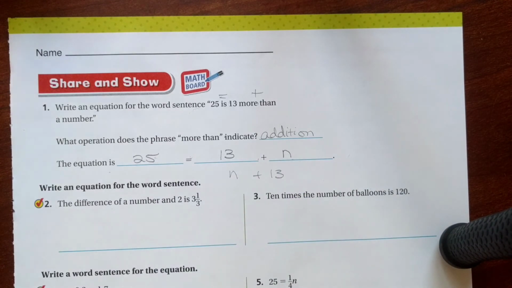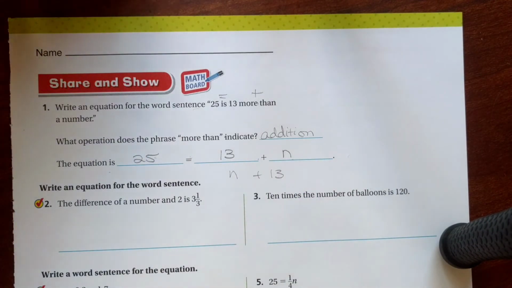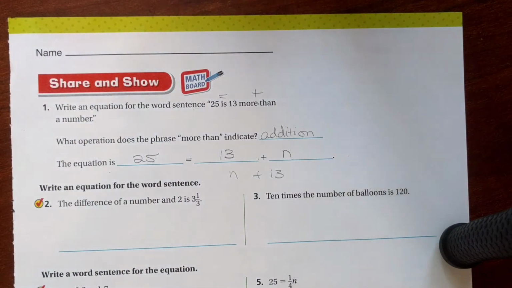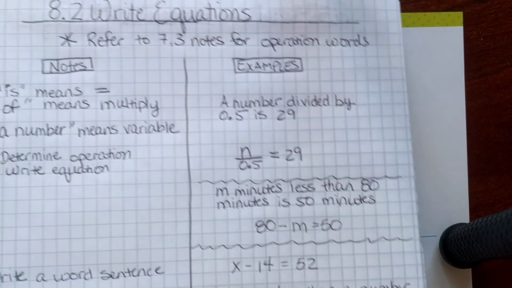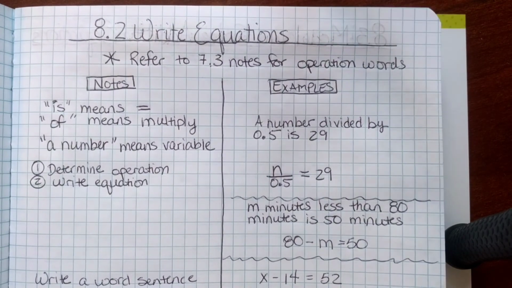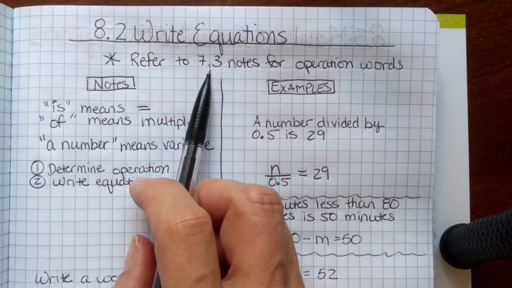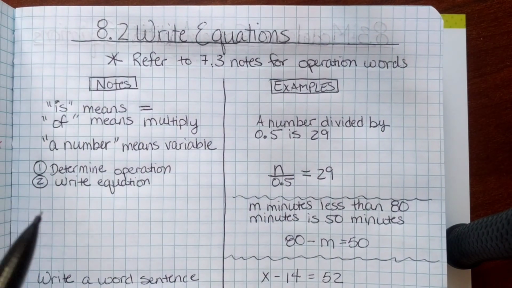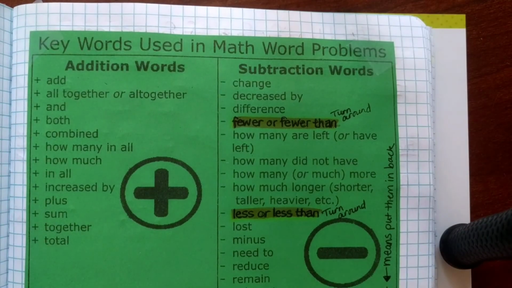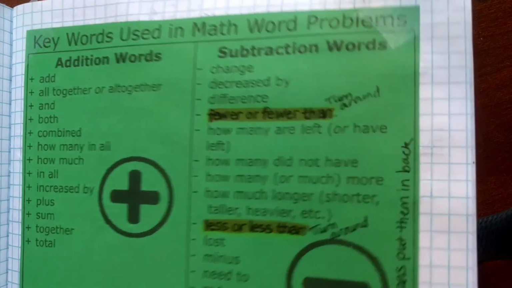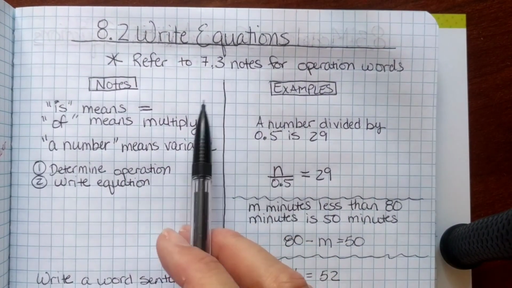All right, let's take a look at our notes. Okay, so we have, be sure to refer to your 7.3 notes for your operation words. That real critical list of operation words. It's going to help you so much.